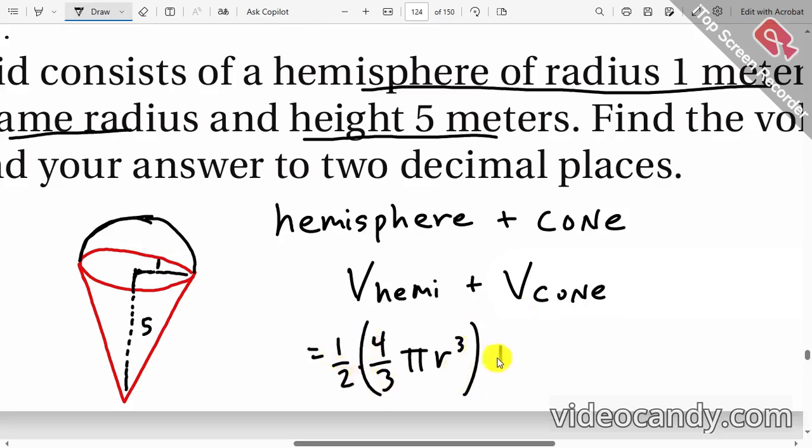And the cone volume is basically 1/3 pi r squared h. All right. So we said the height is 5 and the radius is 1. All right. See if you can finish that, please.